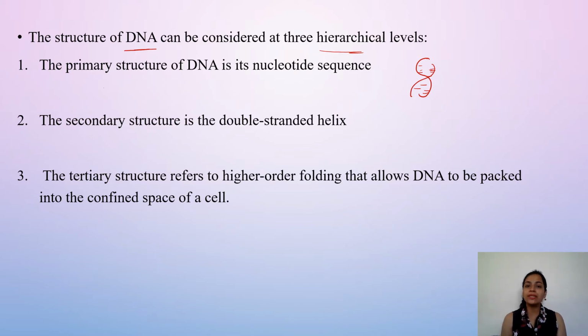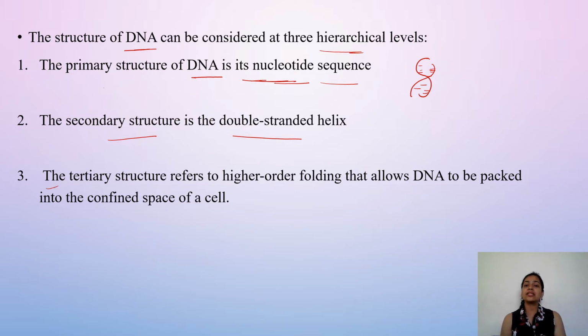The primary structure of the DNA is its nucleotide sequence. Then the secondary structure is the double-stranded helix structure. When the two strands wind upon each other, they form a double-stranded helical structure. So that will be the secondary structure.